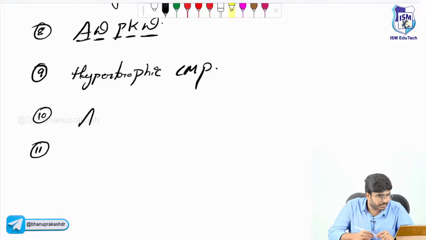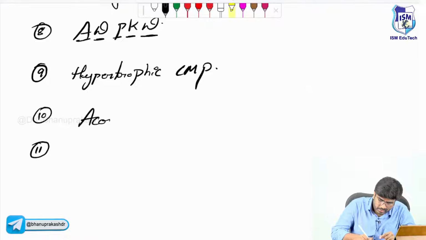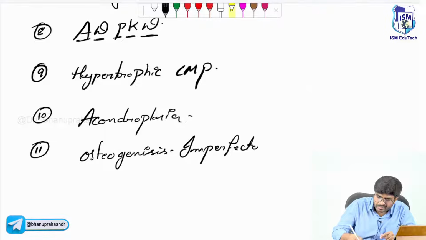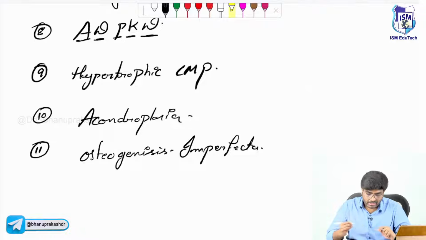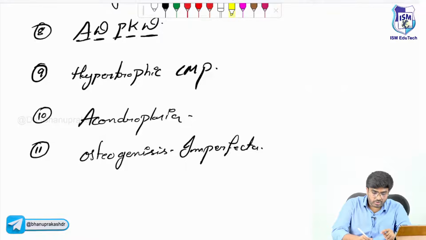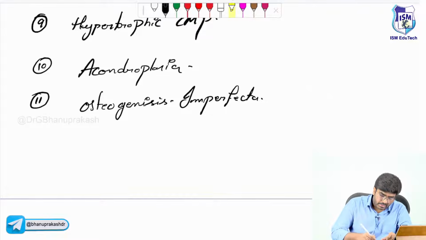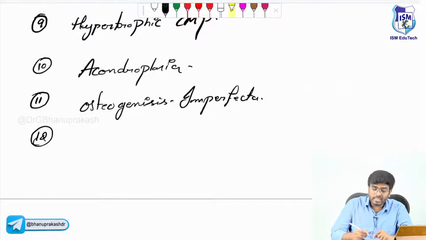If you have any notes, you can put them down. Achondroplasia, osteogenesis imperfecta. These are autosomal dominant disorders, also following the autosomal dominant inheritance pattern. Apart from that, there are some miscellaneous disorders which you need to learn by heart for sure. What are they? Li-Fraumeni syndrome.